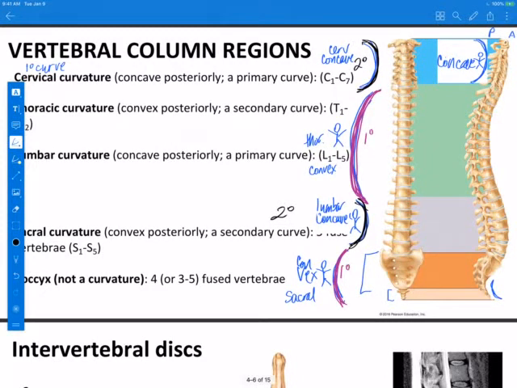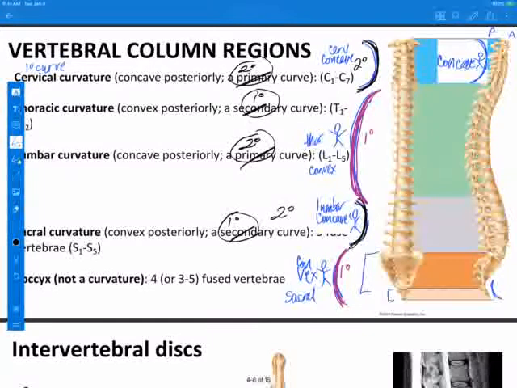So the mistake in this particular presentation is that this should say secondary, and this should say primary, and this should say secondary, and this should say primary, right here. So that's the correction I wanted to make.